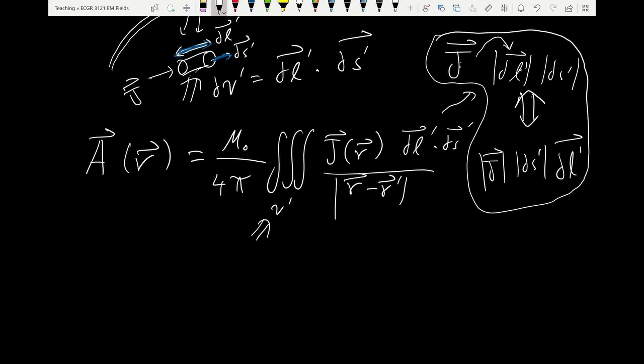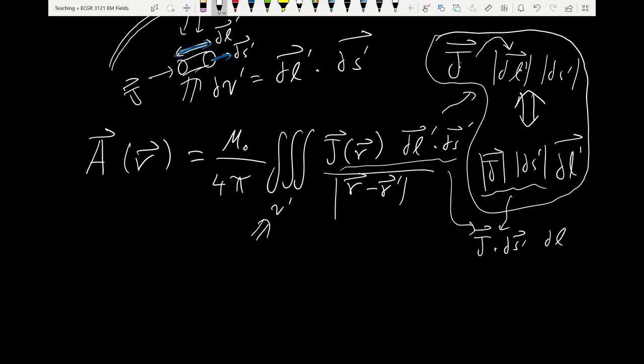All I did in this expression is take the direction information and attach it to dl so that I can get the dl′ vector. So magnitude times direction gives me dl′, and all I took from J is just the magnitude. This is now equivalent to J dot ds. What I'm trying to say is that this expression is going to be equivalent to this, right?